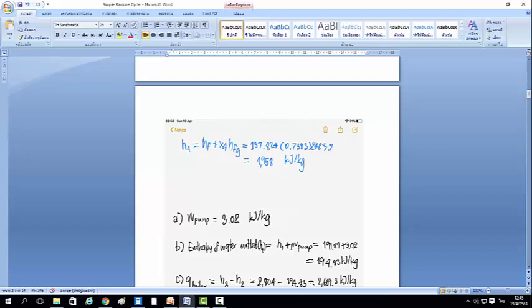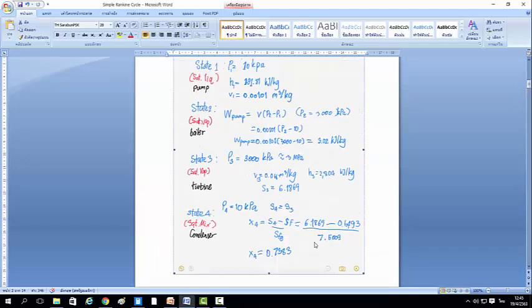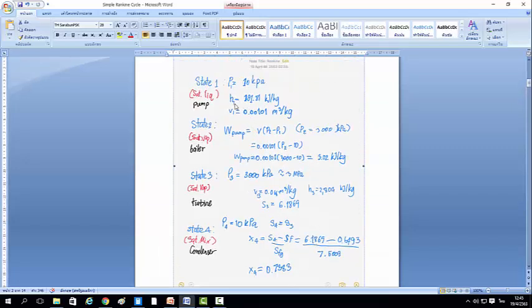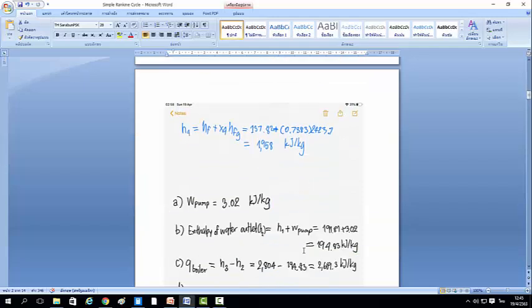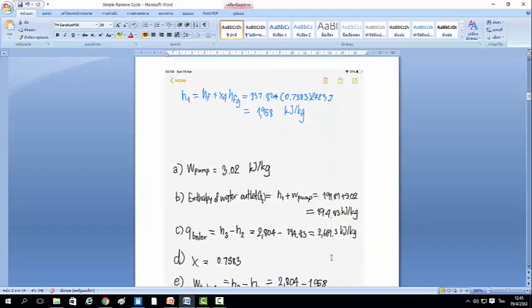We rewrite it because we want to know H2, and we already know H1 and the work pump. Work pump is here, and H1 we find from the table here. Just sum it and get this value.